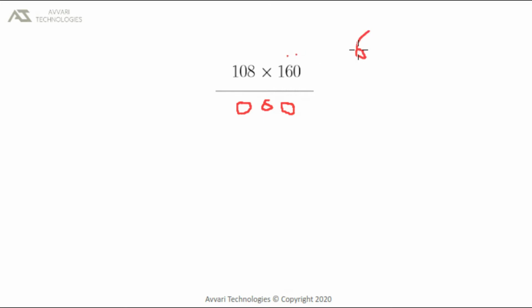In the 10th place we have got 6, which becomes 60. Since it is in the 10th place, 6 into 10 is 60. Since we are using the easy and short method, we will remove the 0. We will only consider the remaining number, that is 6. 6 into 8 is 48.